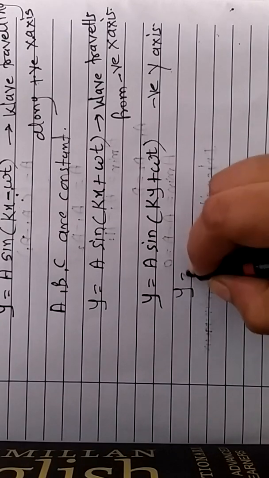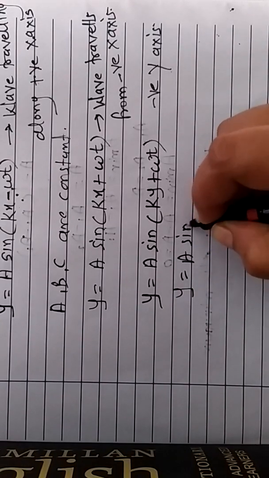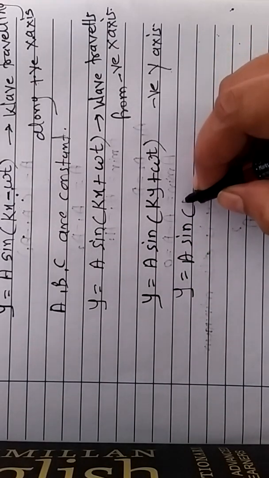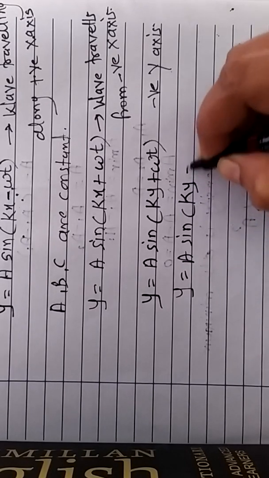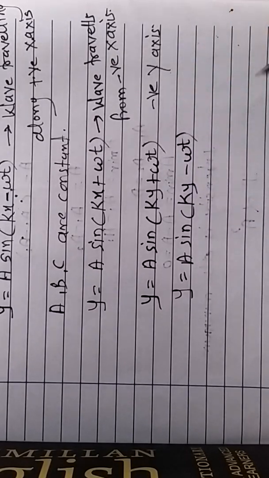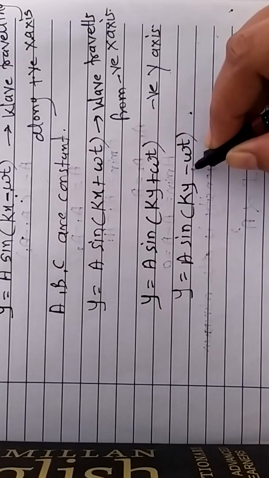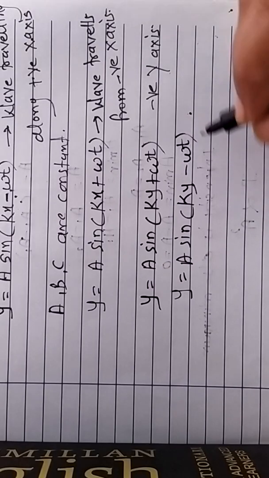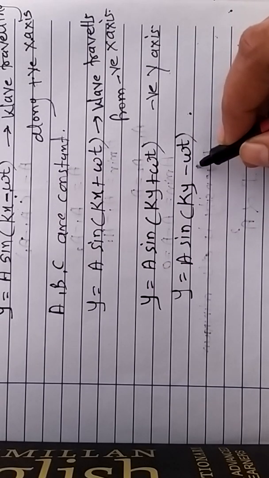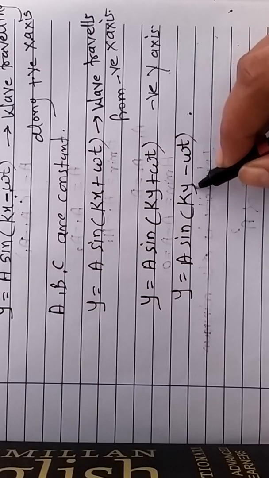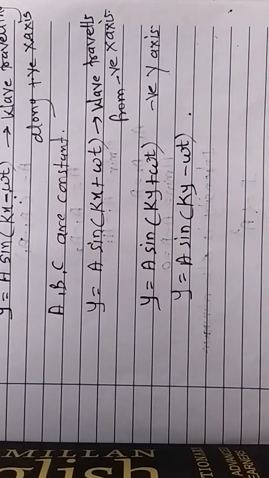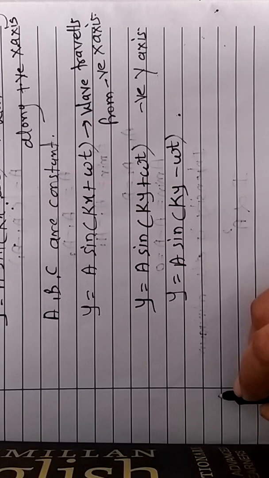And y is equal to a sine of (ky minus omega t) represents a wave traveling along the positive y-axis, due to the minus sign. Now, the second problem.